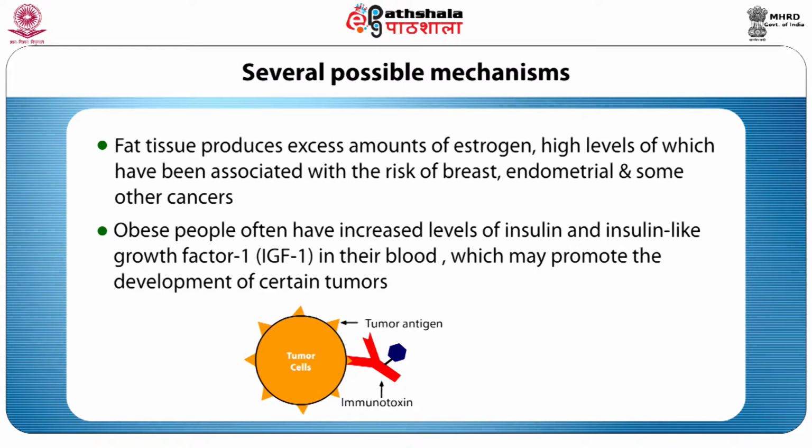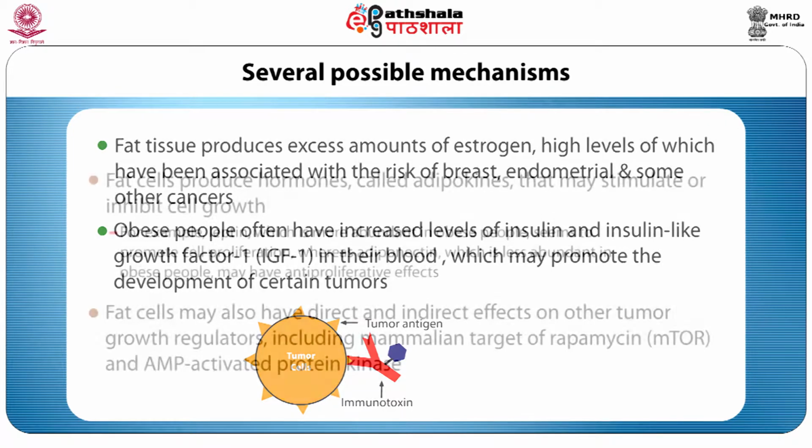Several possible mechanisms have been suggested to explain the association of obesity with increased risk of certain cancers. Fat tissue produces excess amounts of estrogen, and high levels raise the risk of breast, endometrial and some other cancers. Obese people often have increased levels of insulin and insulin-like growth factor 1 in their blood, or insulin resistance, which may promote the development of certain tumors.